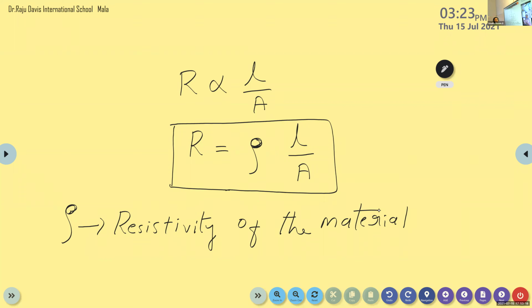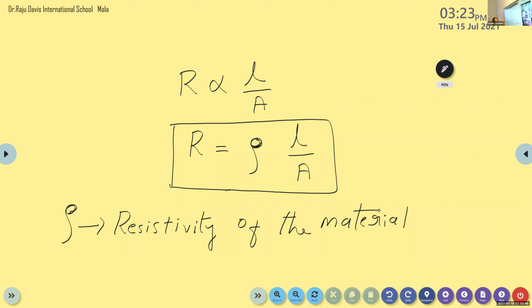So from this activity we get an equation. The resistance depends upon two factors, that is length and area of cross section. The length and the resistance are directly proportional. Whenever the length increases, the value of the resistance also increases. Similarly, the area and resistance are inversely proportional, that is, if the area increases, resistance decreases.